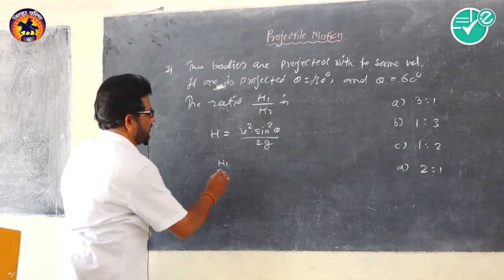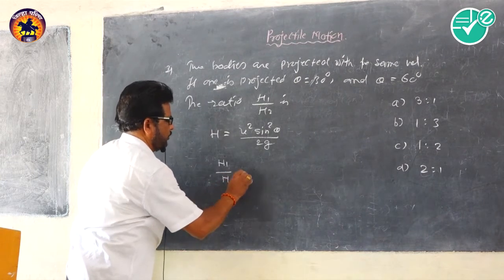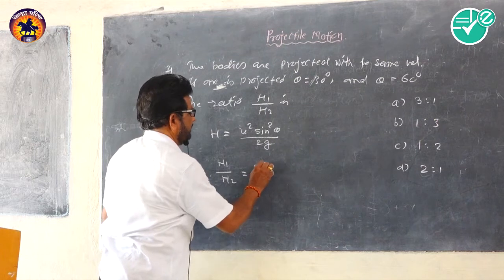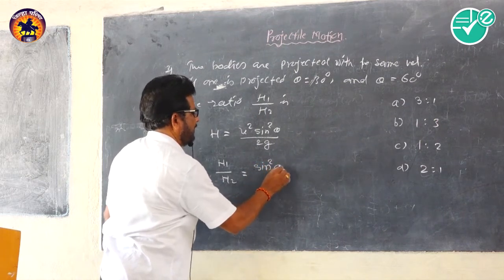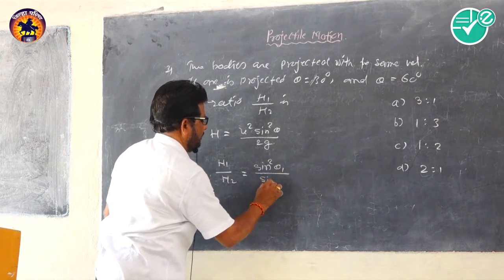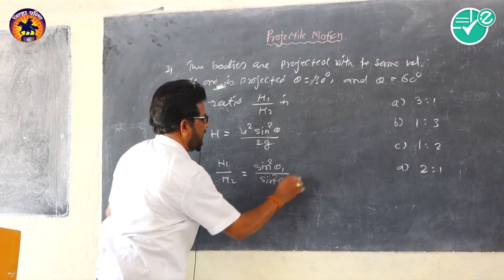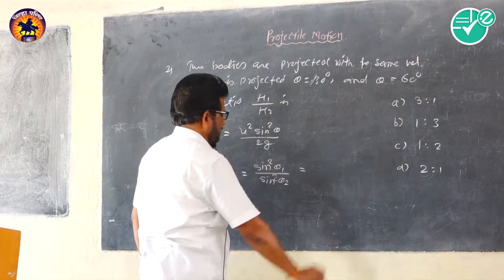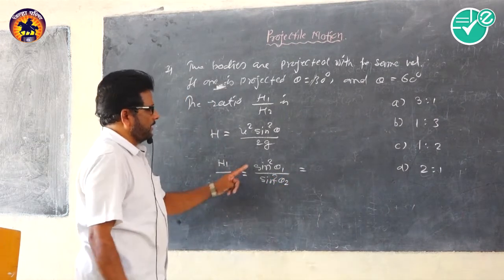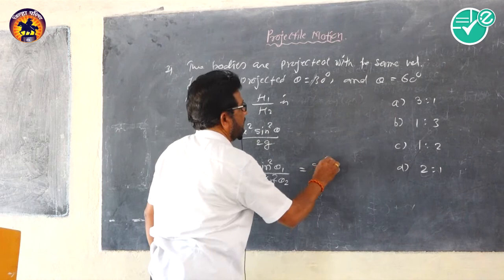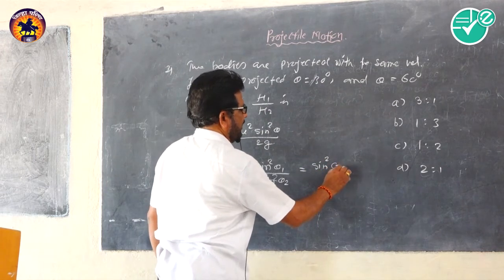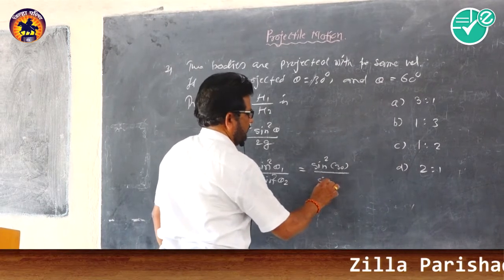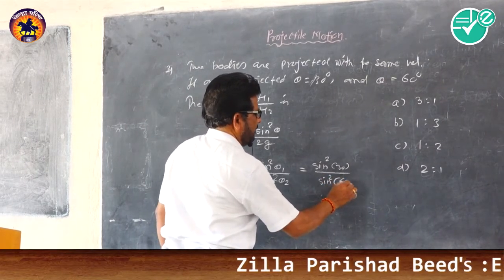Dividing these two equations we get h1 upon h2 equal to sin square theta 1 upon sin square theta 2, and that is equal to sin square 30 degree divided by sin square 60 degree.